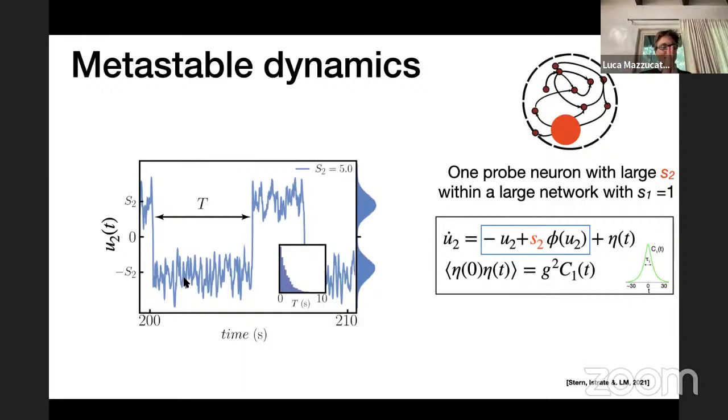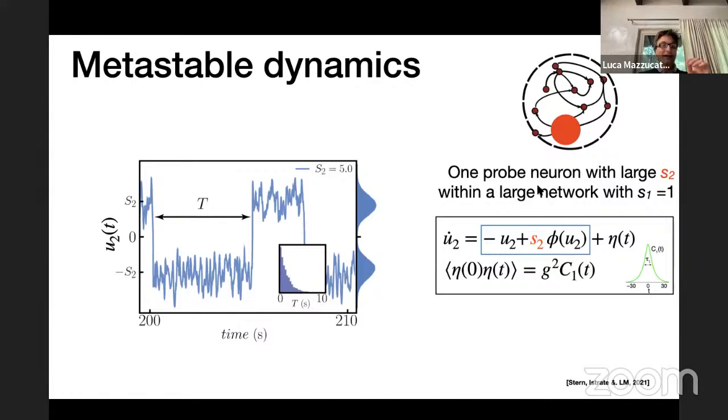It has these very long-lived bouts where it's localized and fluctuates around those values. Then it abruptly switches to the other value, and so on, such that the distribution of dwell times around these plus and minus S2 values has a very long tail.